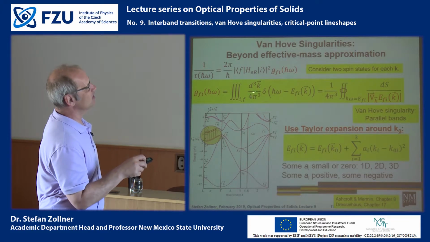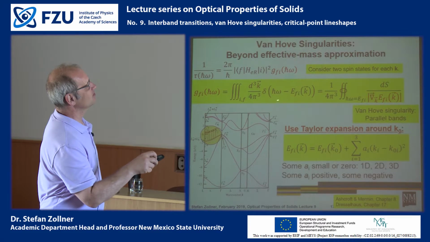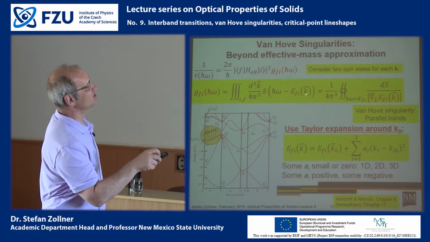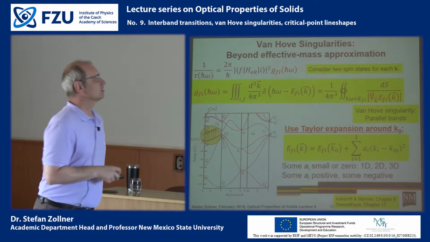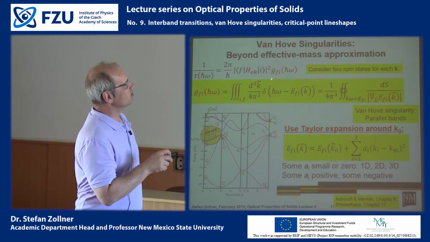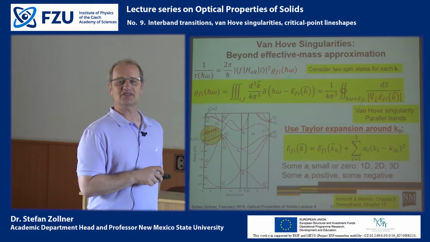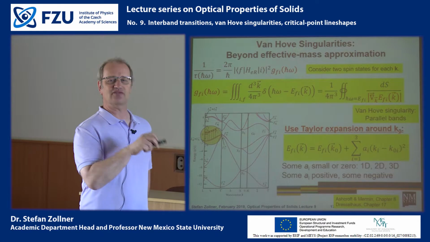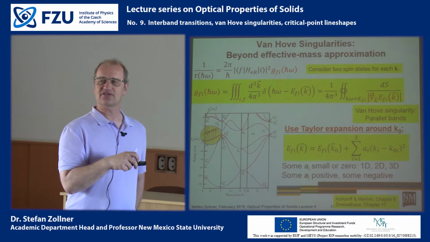So the joint density of states, we defined that as a volume integral in K-space over a delta function of the energy minus the difference between the final and initial state at each point in K-space. So what is the delta function of another function? Do you remember the properties of the delta function? So what is delta of f of x? Somehow that has to do with the derivative of f.